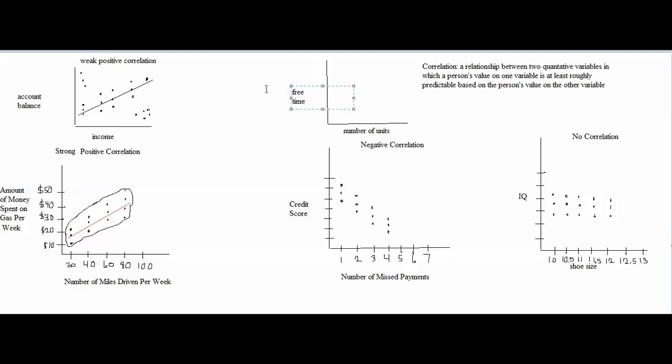It seems like college students who take more units would have less free time because they would be doing more studying or more homework, but that might not be true for a lot of people. So let's take a look at what the scatter plot might look like.